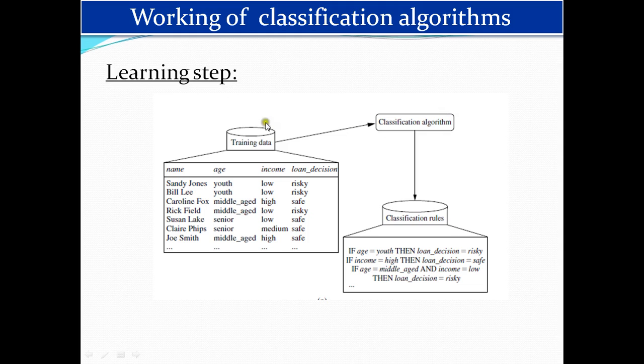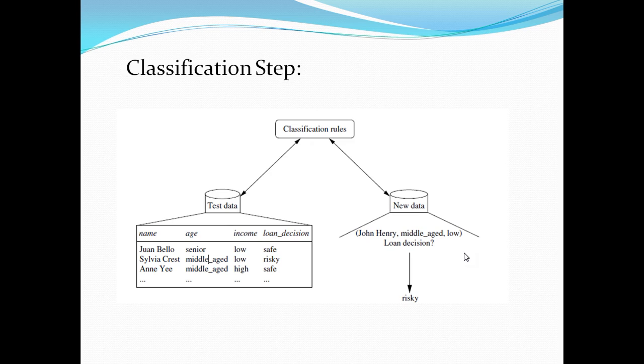This classification algorithm, when applied on the training data, gives us the classification rules. Say if age is youth, then the loan_decision can be risky. So the predicted value is risky, and similarly the below two. In classification step, the test data is applied on the classification rules along with the new data to classify the predictable values, that is risky, that is the loan cannot be allocated.